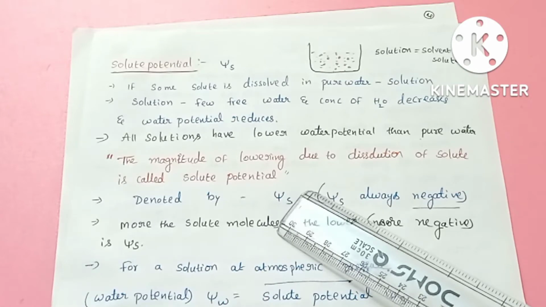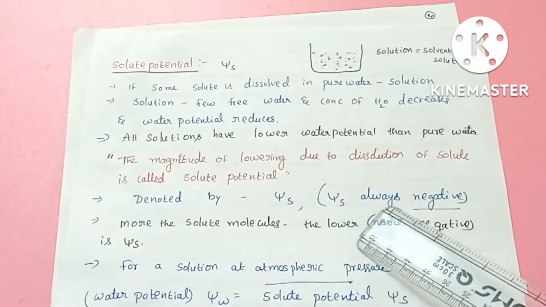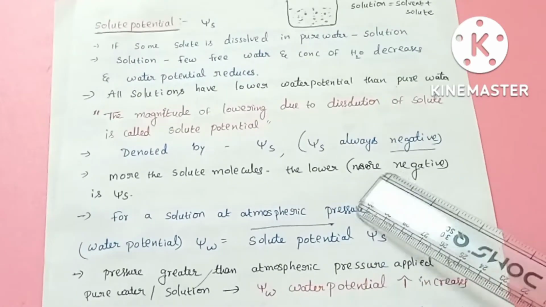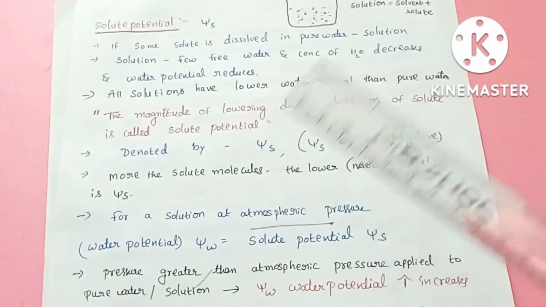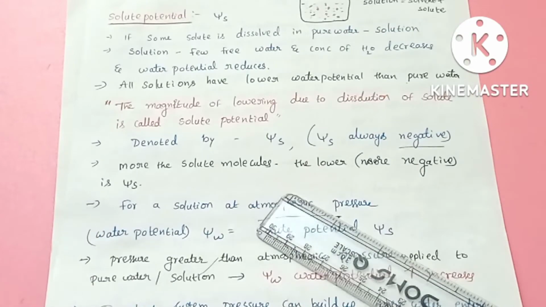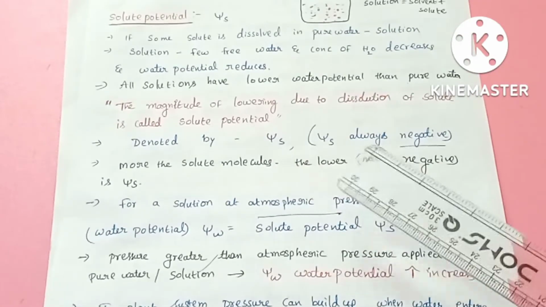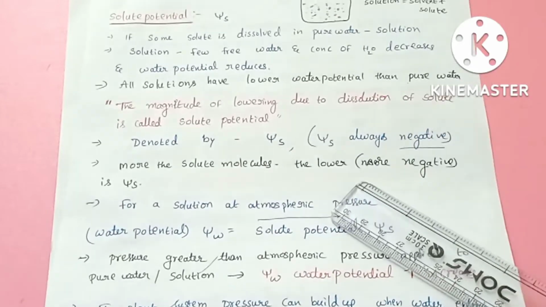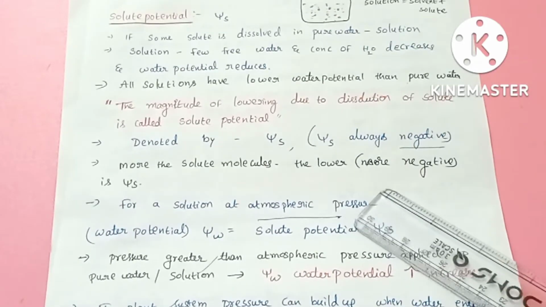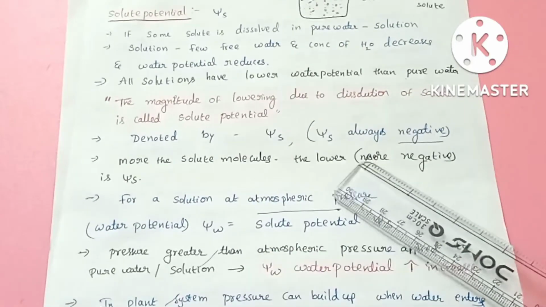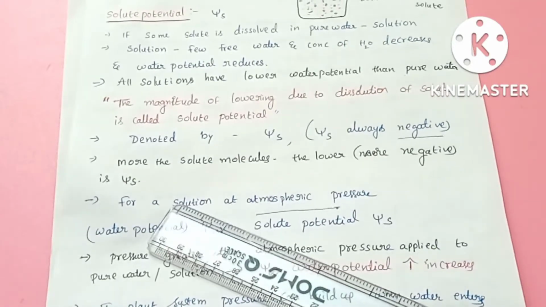How is it denoted? By psi s. And here this psi s is always negative. If more and more solute molecules are added, the solute potential becomes more negative. The more solute molecules, the more negative the solute potential is.